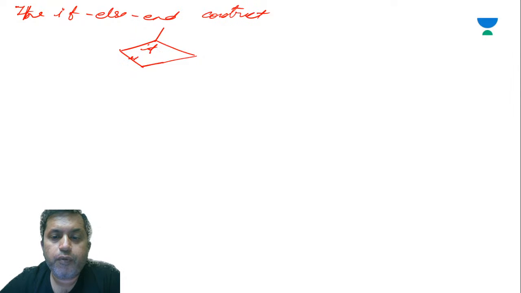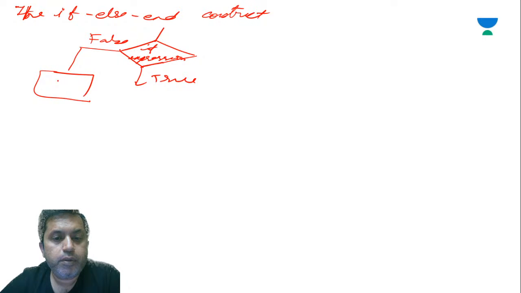So if the expression is equal to true, then there is a false statement, or if this expression is false, then statement group 2, okay.